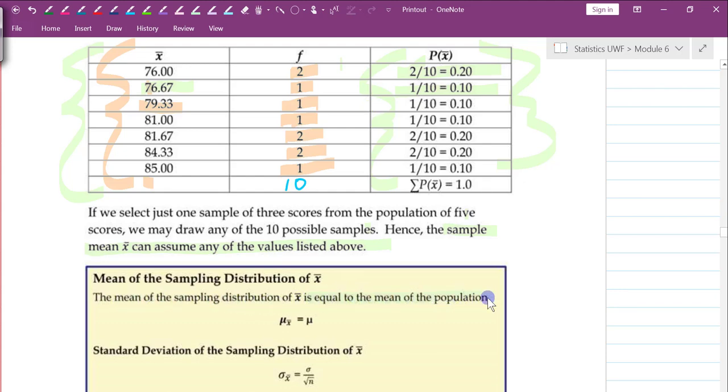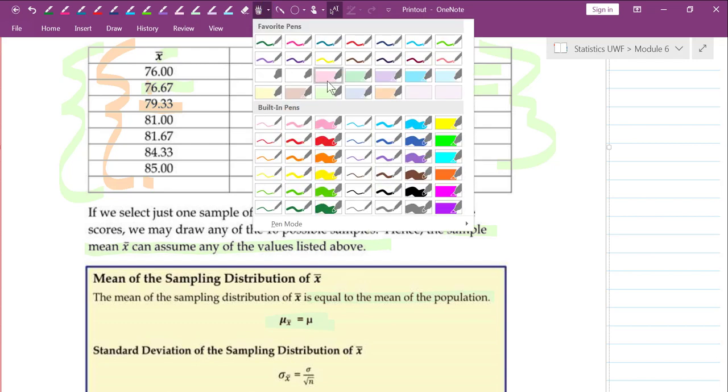So the mean of the sampling distribution, if I went through here and calculated the average value right here, that's the exact same thing as the mean for the entire population. I'm going to change my color up here. Let me grab a different color. There we go. Okay, so let me highlight that better.